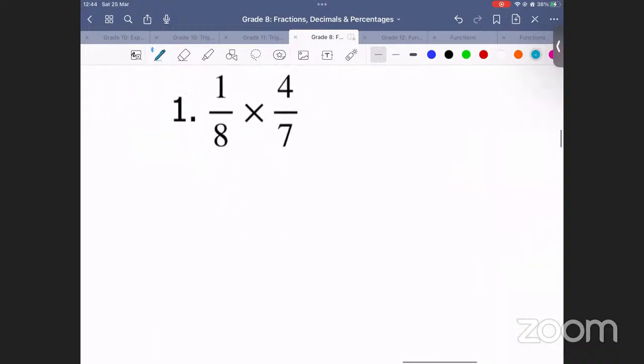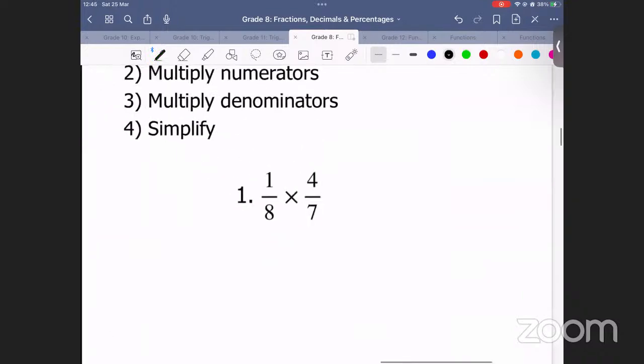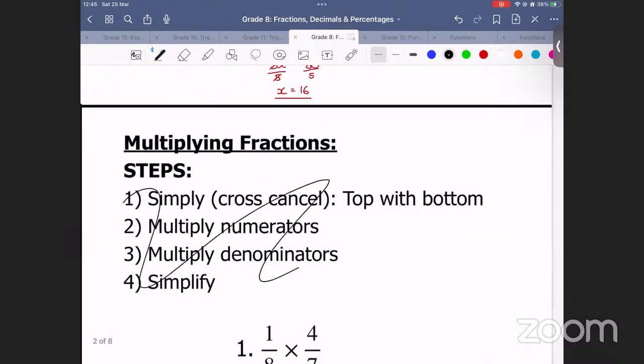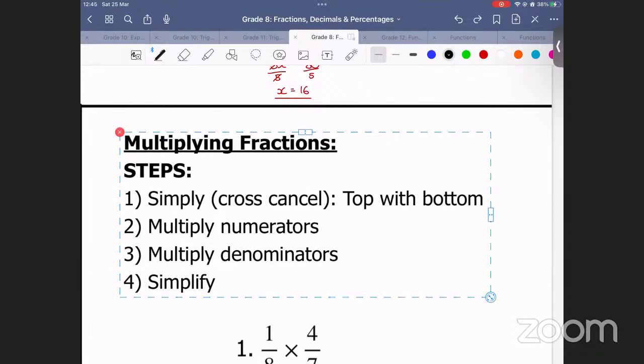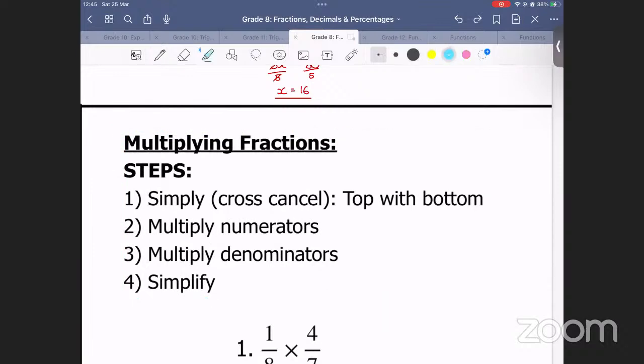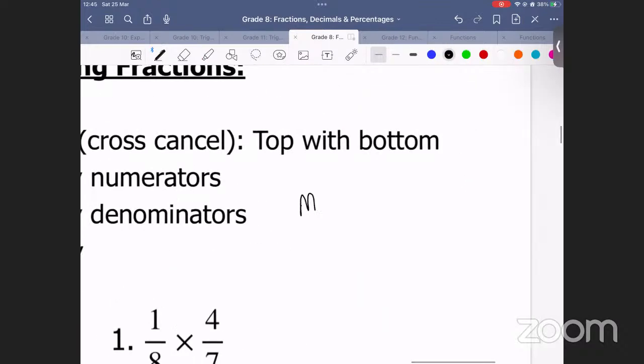So you see the thing with multiplication is you can replace all of this with just the fact that you need to just multiply in a straight line. Okay, so you're multiplying in a straight line.